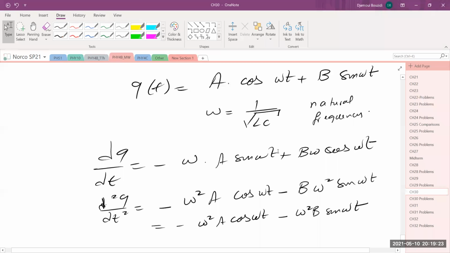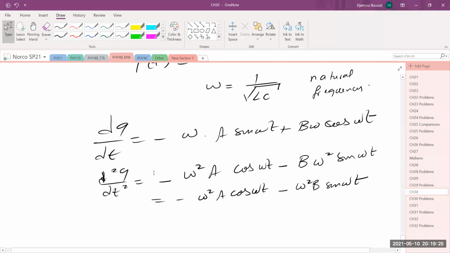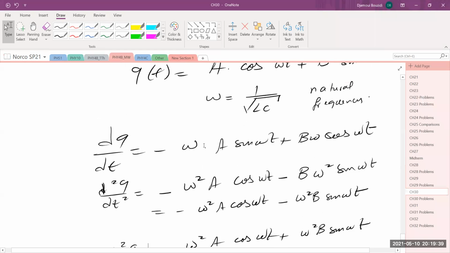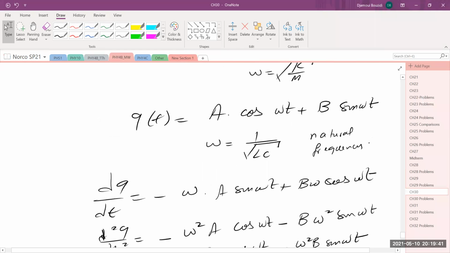Now this, if I compare that to omega squared times q, remember, omega squared times q was omega squared times a cosine of omega t plus omega squared b sine of omega t, just by subbing in here the value of q, the way I have written it.